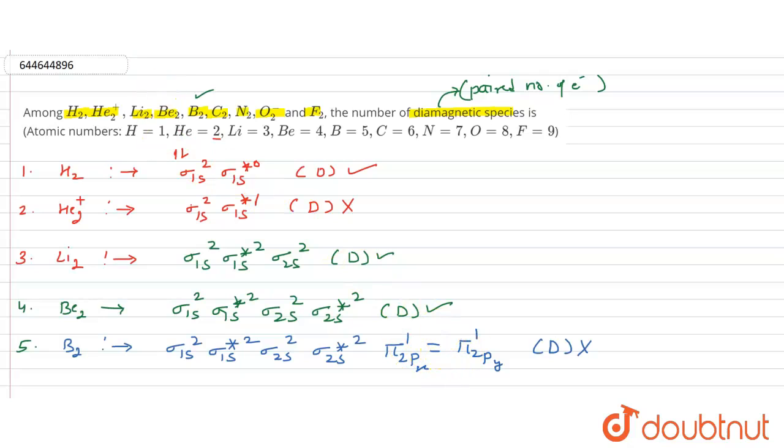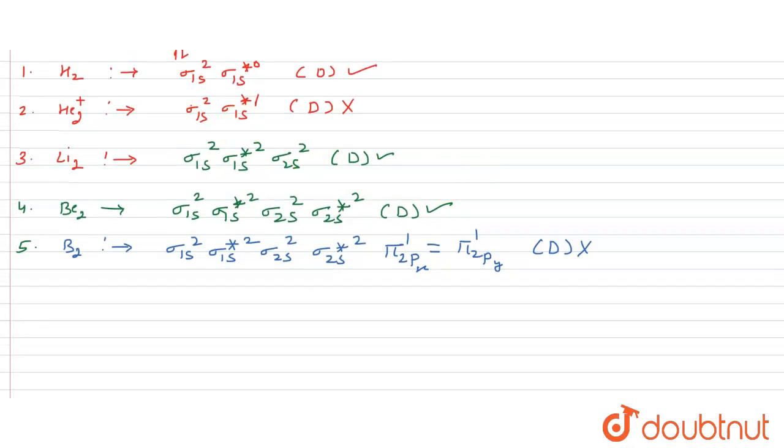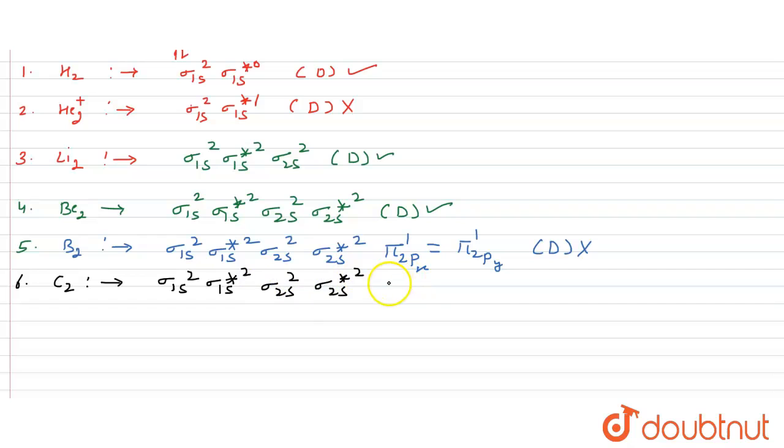Now move to the next one, that is C2. If I write down the structure of C2, it becomes similarly sigma 1s2 sigma star 1s2 and sigma 2s2, sigma 2s star 2, and here their total becomes 8 electrons. C2 has atomic number 6, so the total number of electrons is 12 because there are 2 carbons.